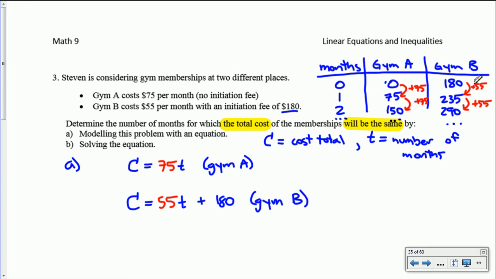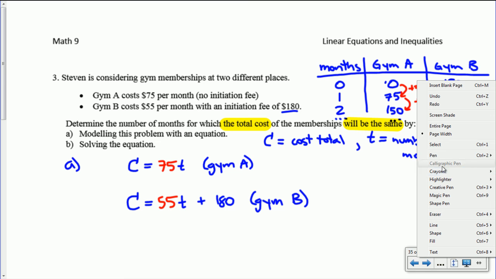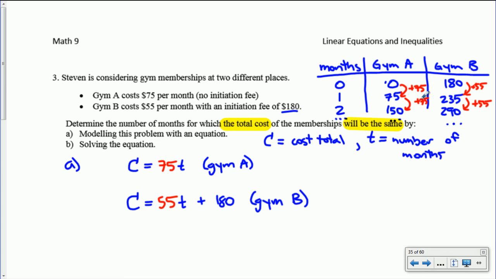So eventually you can imagine that with the lower monthly cost for gym B, this $180 startup fee will get absorbed, and it won't be as noticeable anymore. And then gym A just keeps charging you $20 more per month.